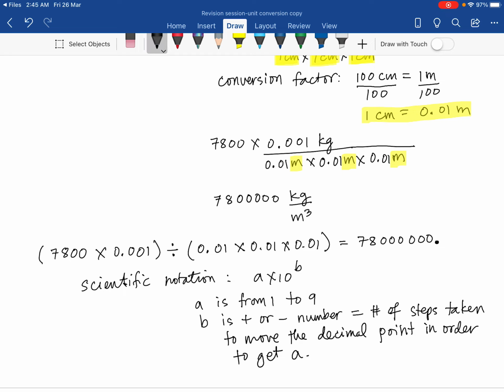Right, so a should be between 1 to 9. So you have to move this decimal place to the left until you get a number that is from 1 to 9.